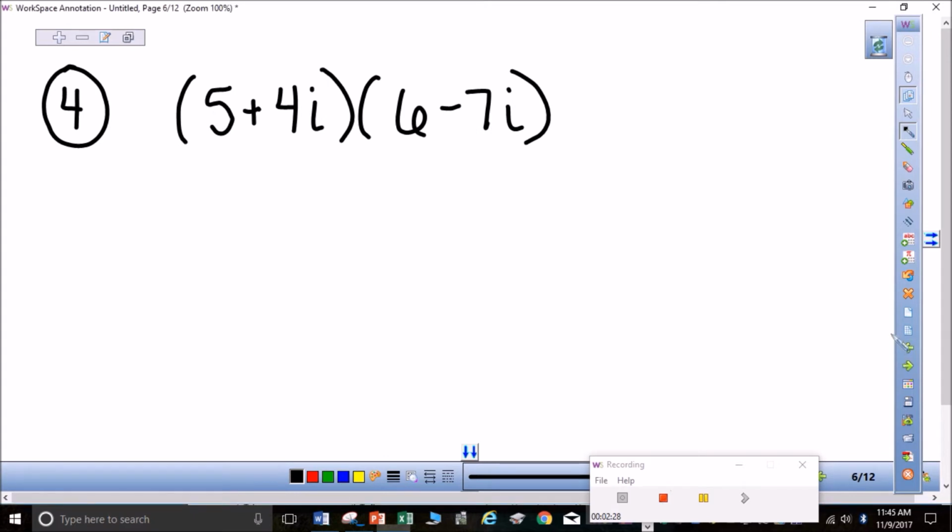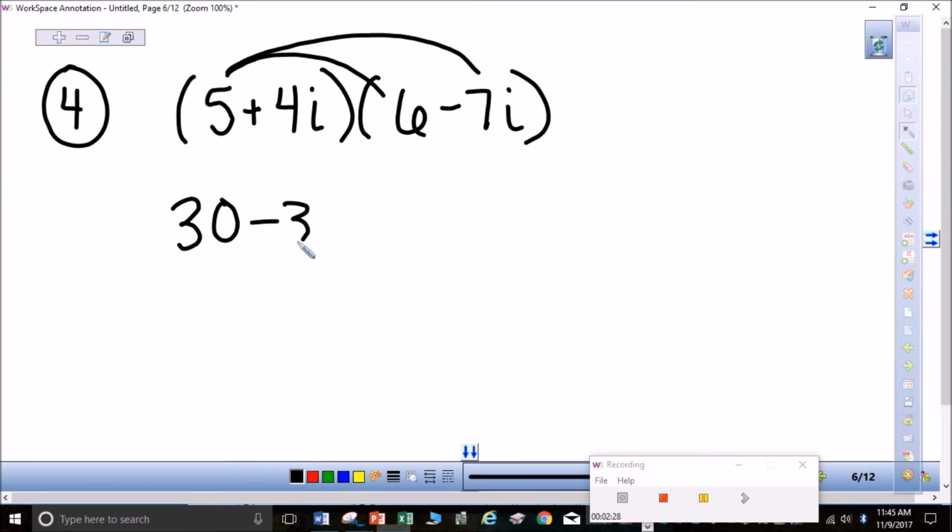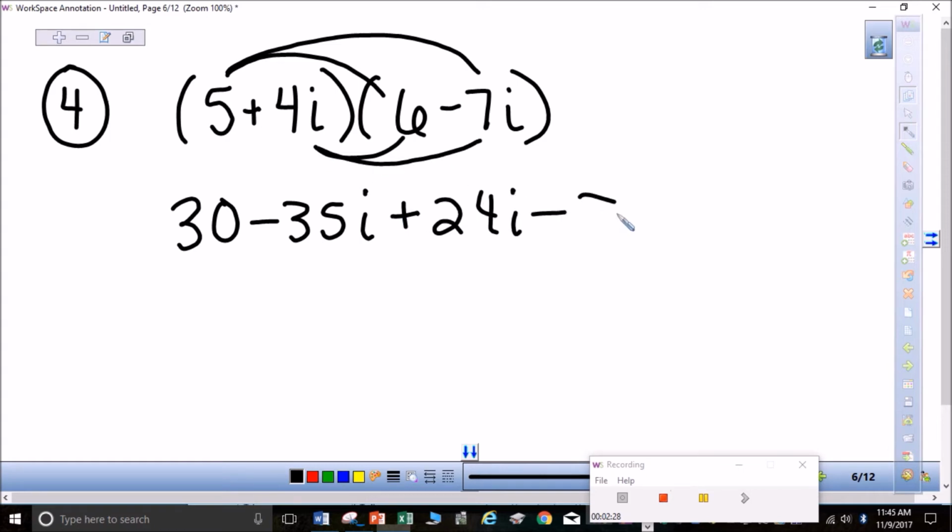Okay, here is one where we are going to FOIL. We've got our two parentheses side by side. There's no plus or minus sign in between. So 5 times 6, the first terms, we'll do the outside terms, we'll do the inside. The last term, -28, i times i is i squared.